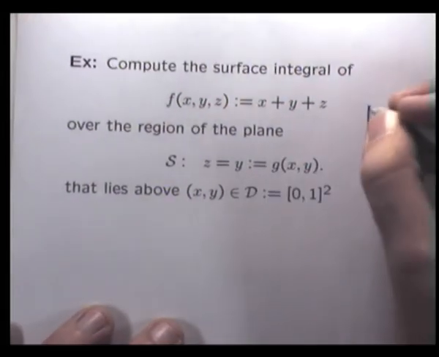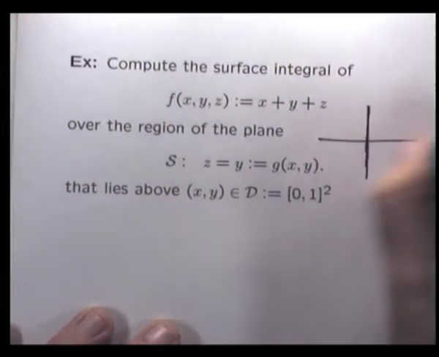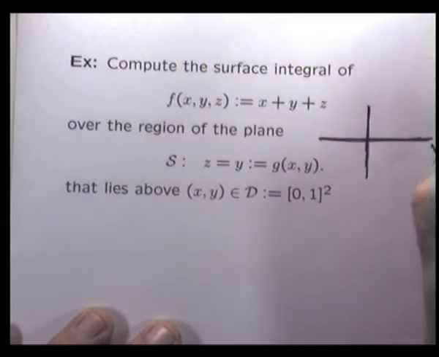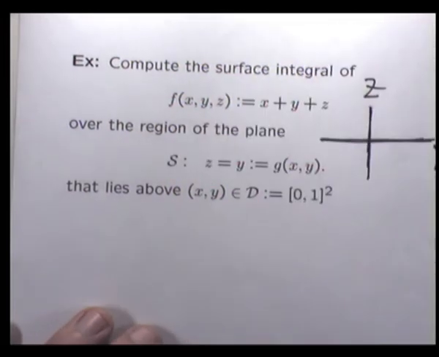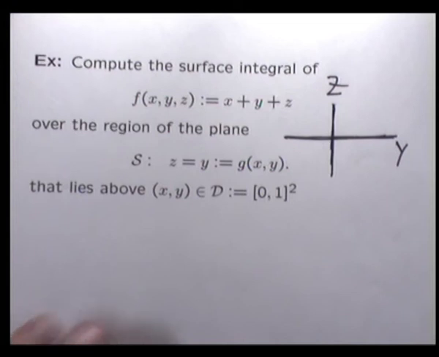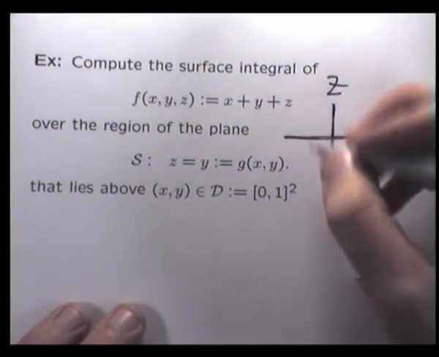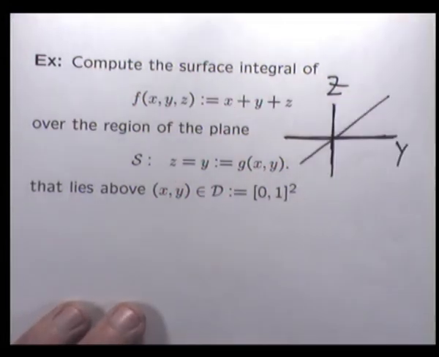If I sketch a cross-section of the surface that lies in the YZ plane, I'm going to get something that looks like a line.